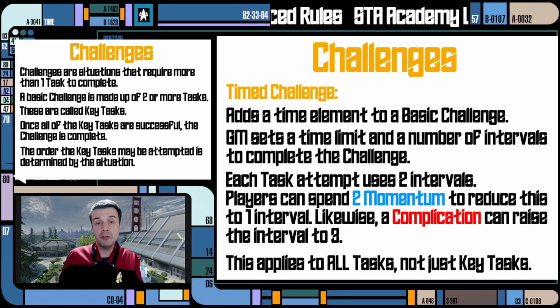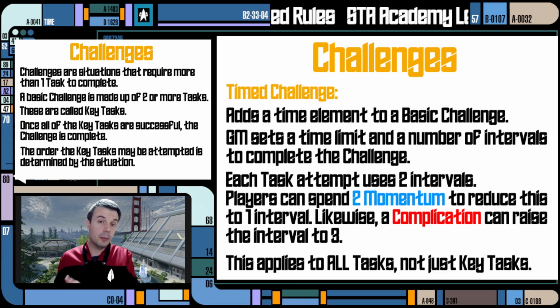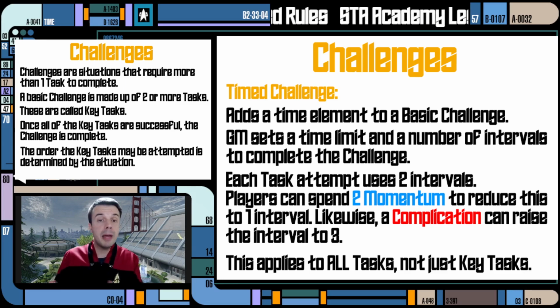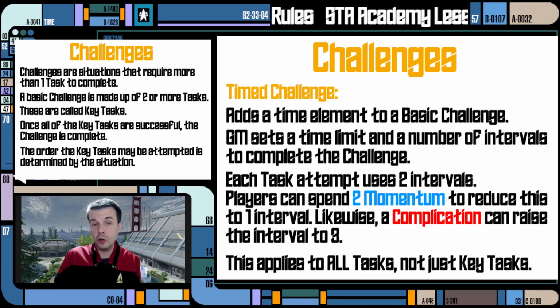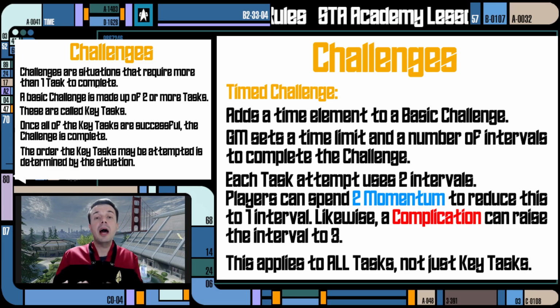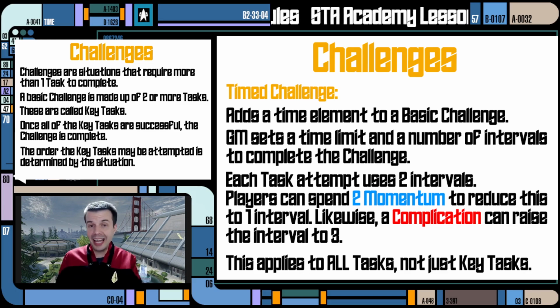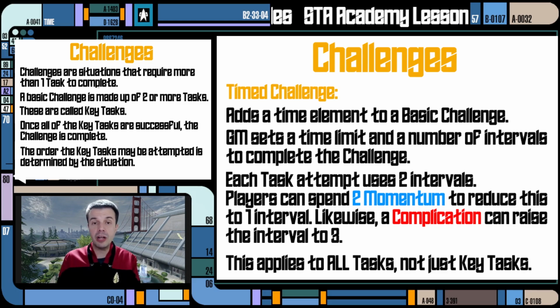So the GM will have to factor in that this is also using up 2 intervals. It may not always work that way. It might be that something could be done on the side that's not going to eat away at it. But you should keep these intervals contained inside the whole duration of the challenge.